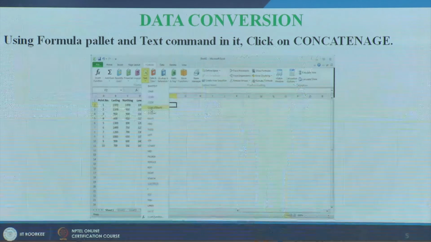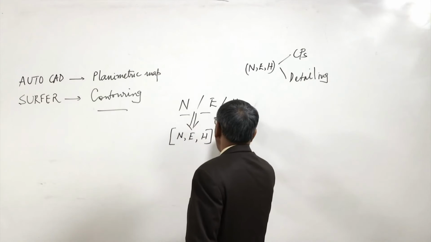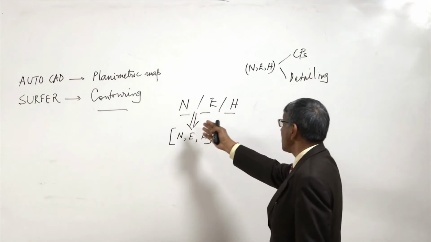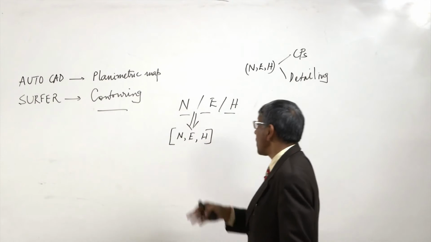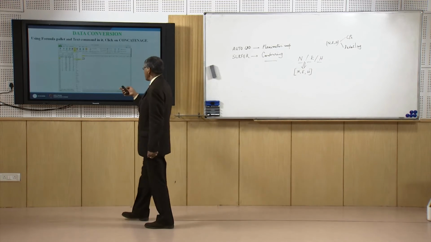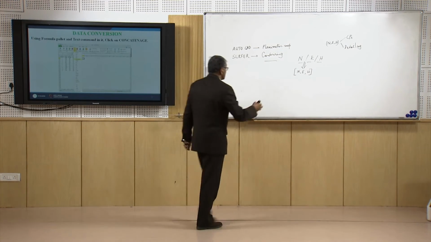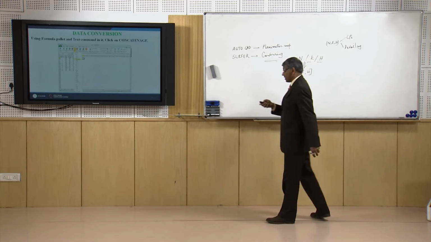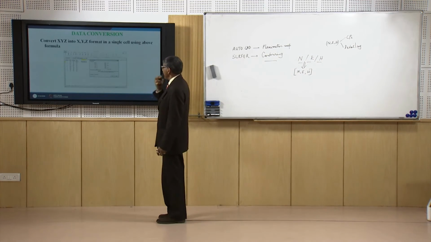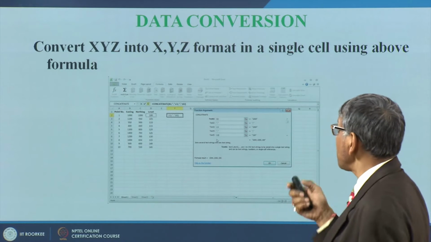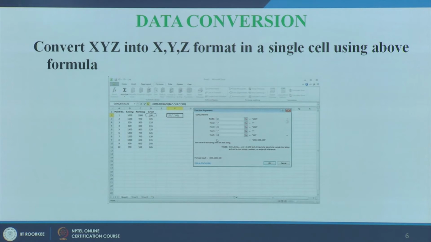in that way we can convert the independent north, east and height. These are the three columns in an Excel sheet. By using the concatenate command or option, we can make these data in this format. So that is what is shown here. So once the data is available, we have converted this XYZ or northeast height to this format.